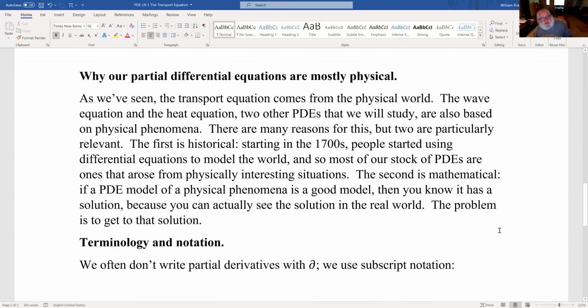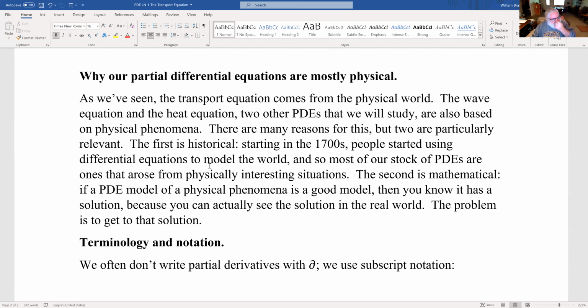So a lot of the differential equations are mostly physical because of a couple of reasons. One is, you can write down whatever differential equation you want, but most of them won't be interesting, right? So the wave equation, the heat equation are particularly relevant. And that this historical thing is in the 1700s when people started using differential equations to model the world. Remember that calculus is invented in the 1660s.